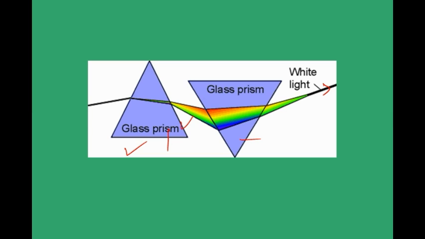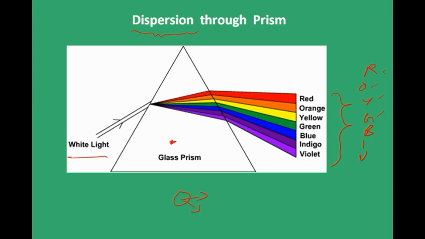Then why does this happen? It happens because the refractive index of this glass prism also depends on the wavelength of the light ray. So each color component, each wavelength associated with that color, has a different refractive index. So each light ray bends differently.